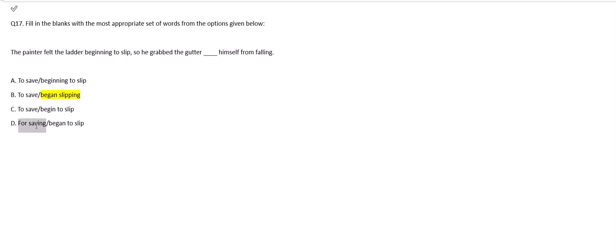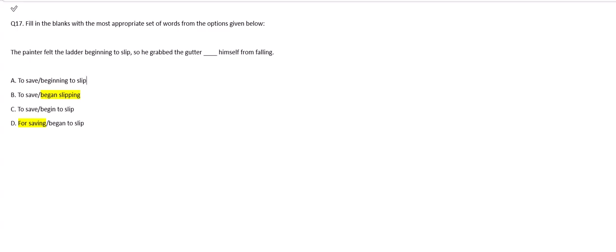Here, for saving is irrelevant to what is discussed in the sentence. For saving is generally used where it is benefiting others. For example, this discount is for saving money. Now you have understood the difference between for saving and to save.